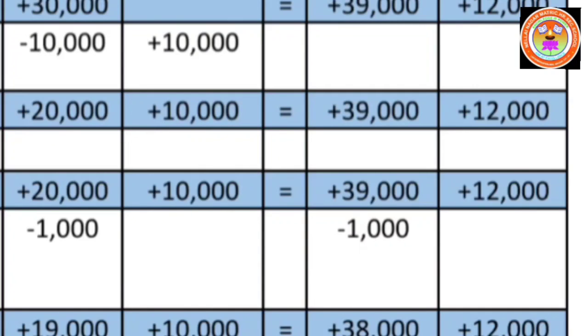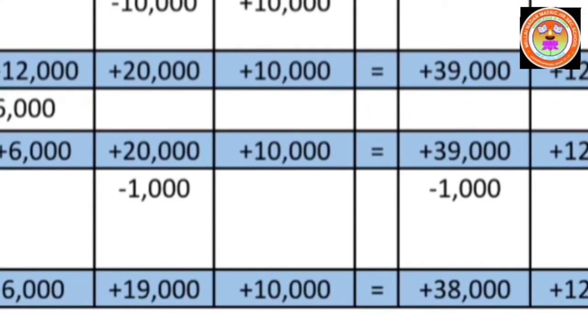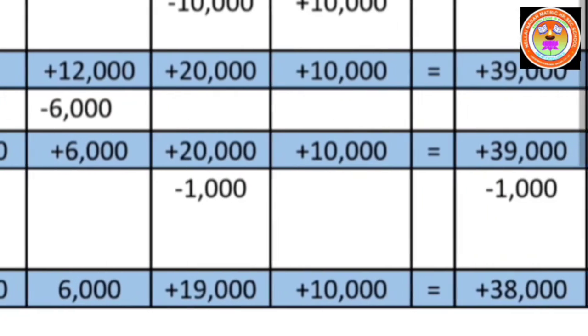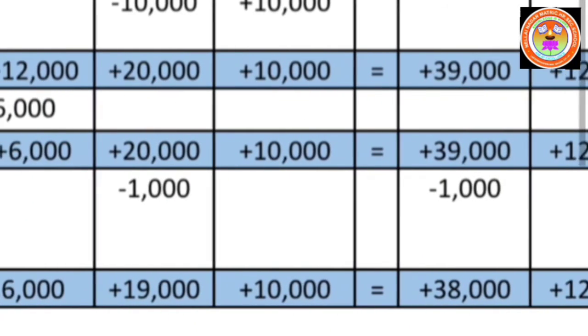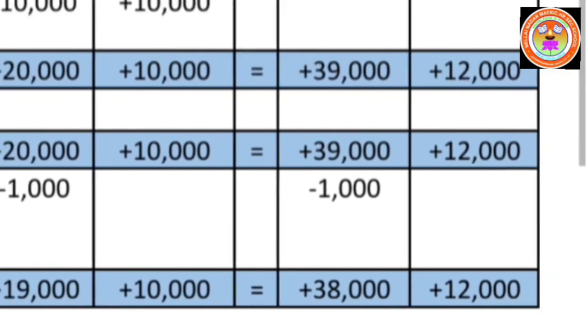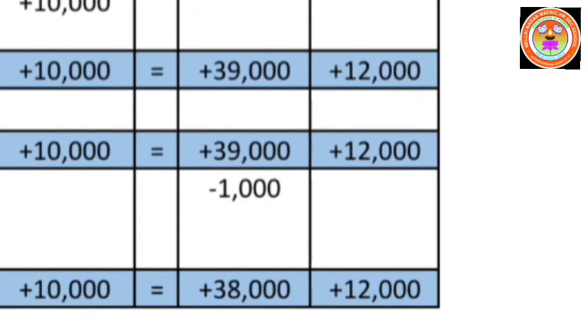What is your formula? Accounting equation formula? Assets equals capital plus liabilities. Here the value of assets is 15,000 plus 6,000 plus 19,000 plus 10,000 equals 50,000. Here the capital and creditors column total is rupees 50,000.